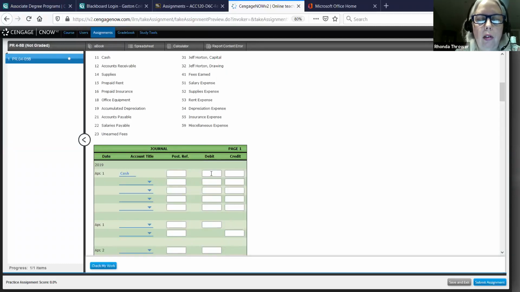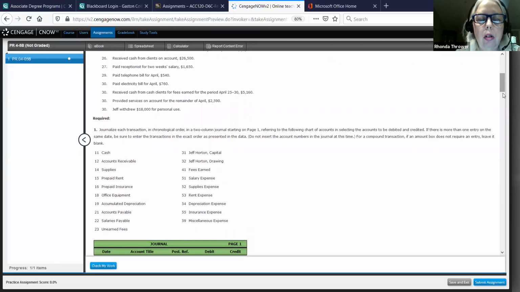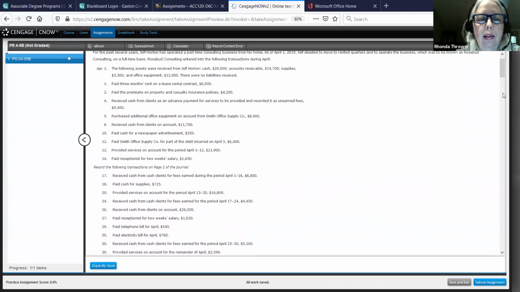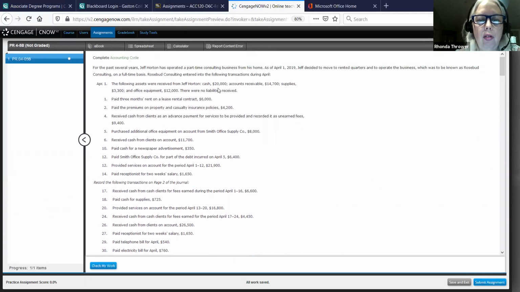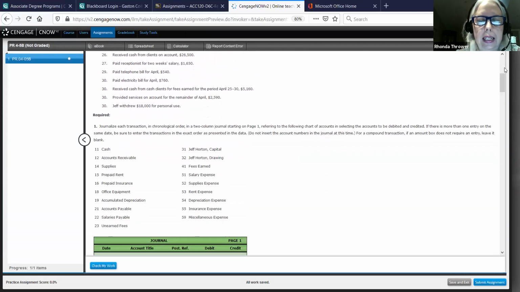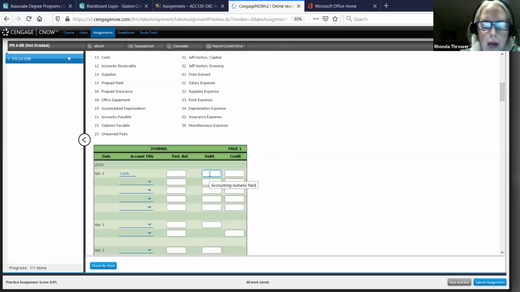Right now, we're just journalizing transactions because Jeff Horton, the owner, gave the business some cash of $20,000. Our cash account is increasing by $20,000, so we're going to put this on the debit side of this transaction.